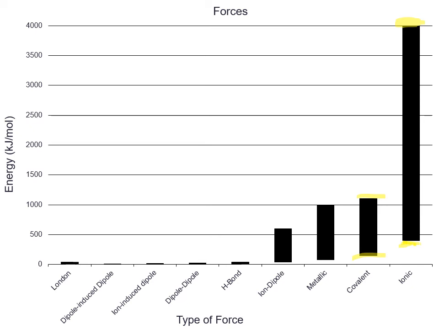And what you should see here is that sometimes there's overlap between them. So if we looked at an ion-dipole bond, sometimes they're quite strong, and sometimes they're actually stronger than the ionic bonds. So when comparing whether an ionic bond is stronger than an ion-dipole, it kind of depends on which ones you're talking about. A lot of them are stronger, but then there's some that are not stronger. So it is very much specific as to which type of atoms are making up these forces.